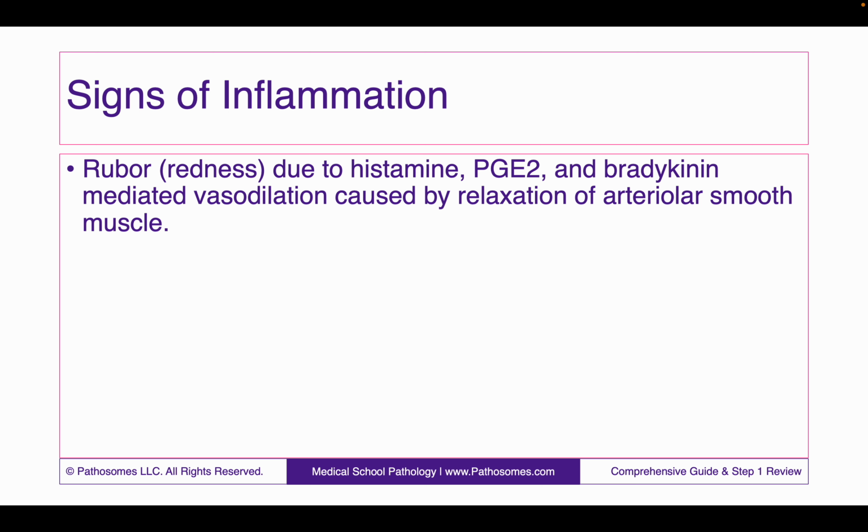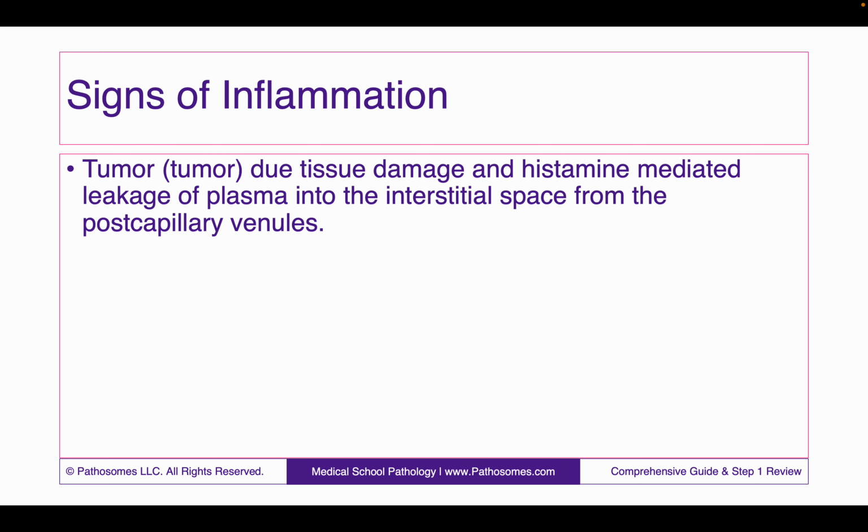Rubor, or redness, due to histamine, PGE2, and bradykinin-mediated vasodilation caused by relaxation of arteriolar smooth muscle. Calor, or warmth, due to histamine, PGE2, and bradykinin-mediated vasodilation caused by relaxation of arteriolar smooth muscle.